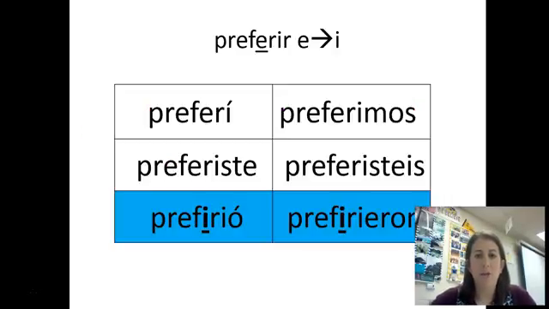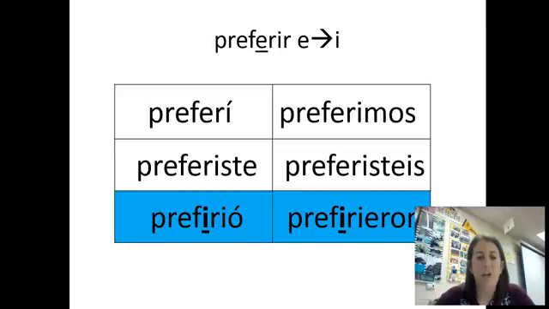Okay, so sometimes it's easy to see just the conjugation chart, which will help out. Preferir means to prefer. Since preferir is an E to I stem changer, that's the only stem change option. It can't be an O to U because it doesn't have an O. Our top 4 conjugations are going to be the same as any IR verb: preferí, preferiste, preferimos, preferisteis.